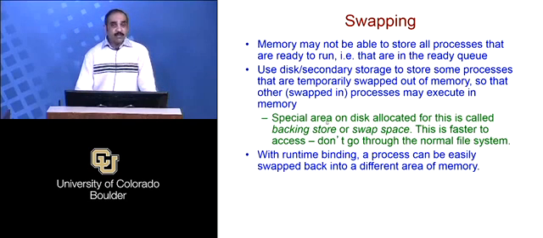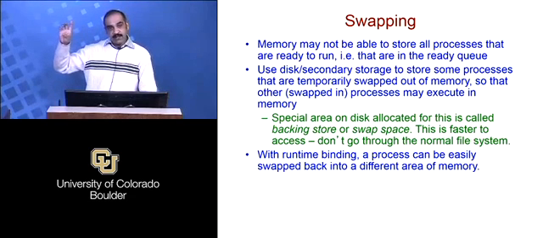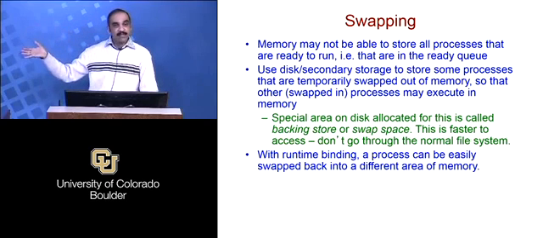Now, the swapping has to be done very fast. So typically one partition on a disk is reserved for swapping purposes. It's called the backing store or swap space. In order to access that part of the disk, the swap space, you typically don't go through the file system. We'll study the file system later on.